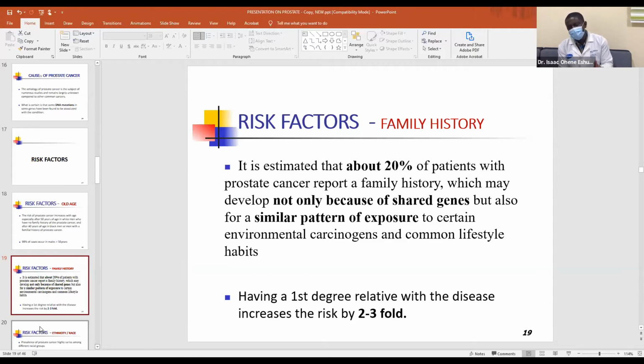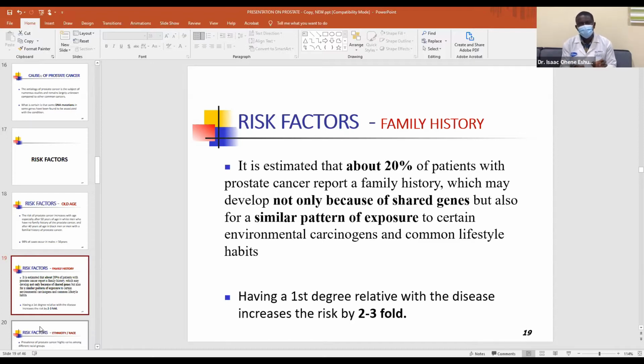It was estimated that about 20% of patients with prostate cancer reported a positive family history. 20% of those who have prostate cancer would actually give a positive family history. And this point is very important.